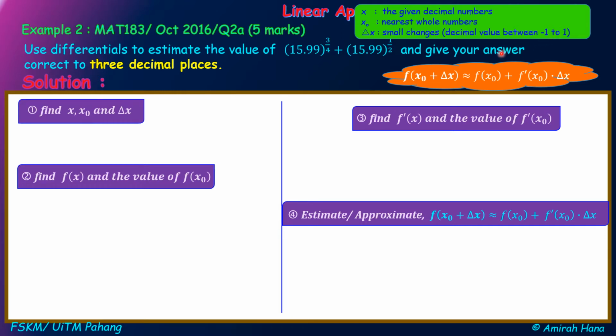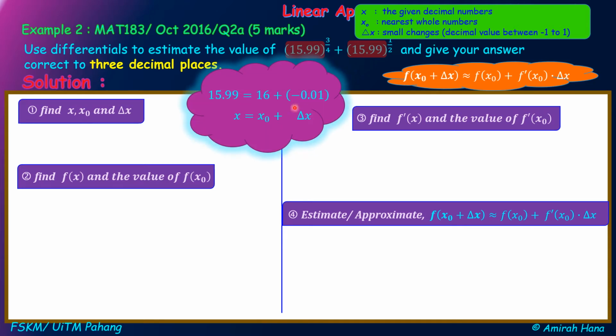So from this formula, we need to write the given decimal number first to find x naught and delta x. This is the given decimal number, 15.99.